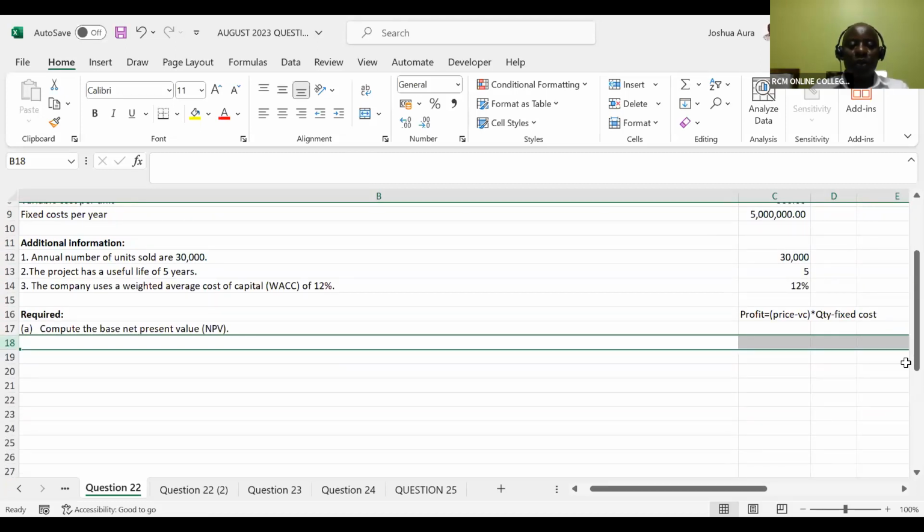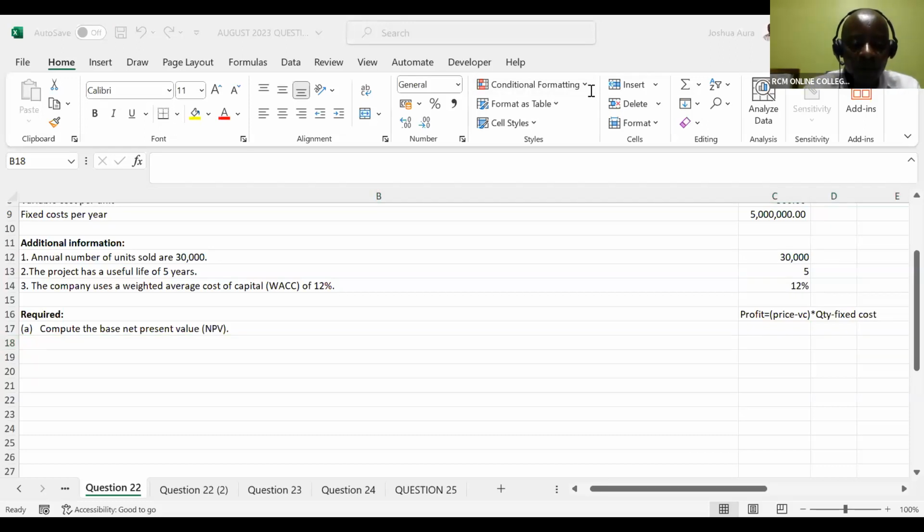I told you, to add a new row, we use Control plus Shift.